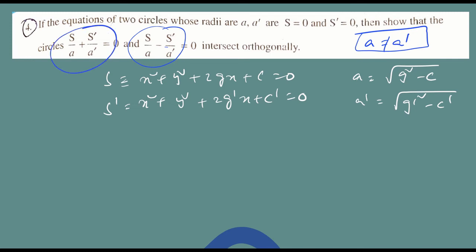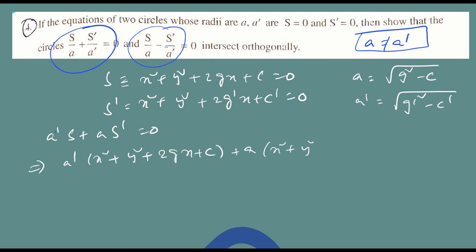You can see that this is nothing but a dash S plus a S dash is equal to 0. So a dash S plus a S dash is equal to 0 implies a dash into x square plus y square plus 2gx plus c, plus a into x square plus y square plus 2g dash x plus c dash is equal to 0.